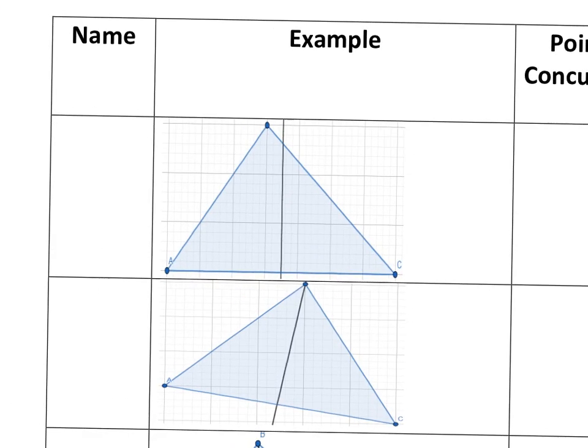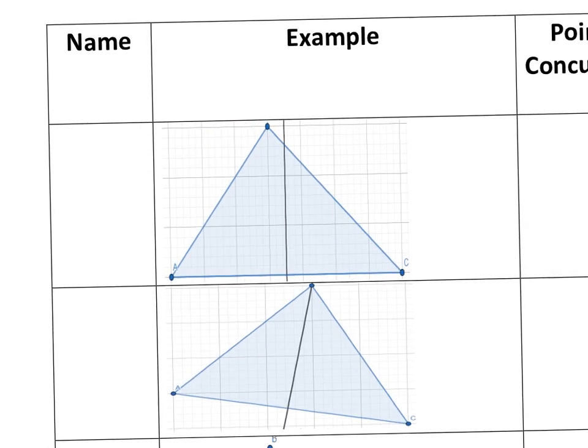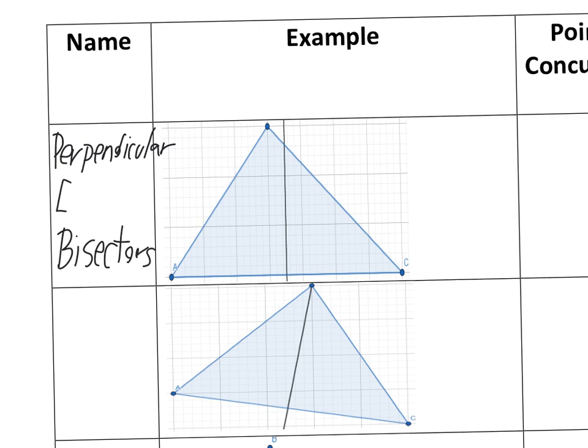Alright, so first thing we talked about from, I want to say 3 weeks ago? Yeah, 3 weeks ago. We had what were known as the perpendicular bisectors, with the implied bit that these are going to be segment bisectors.